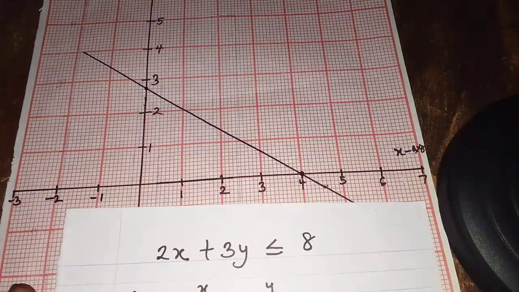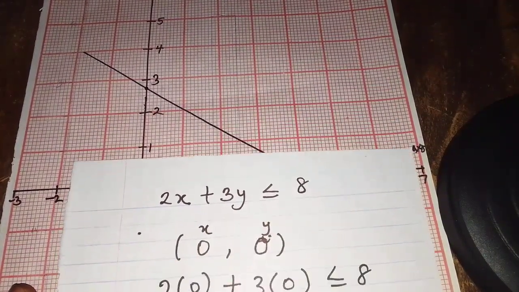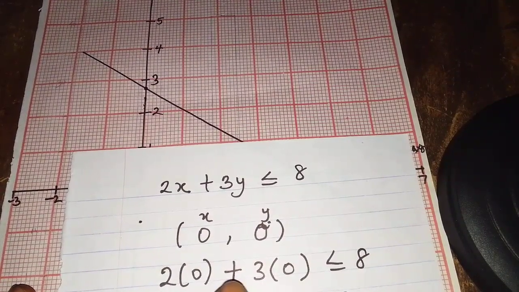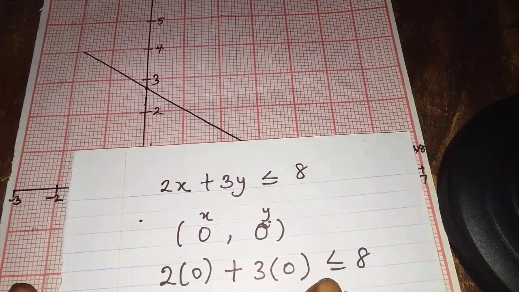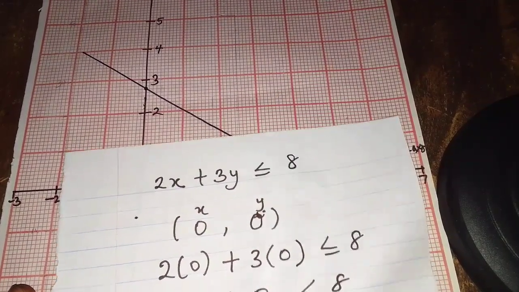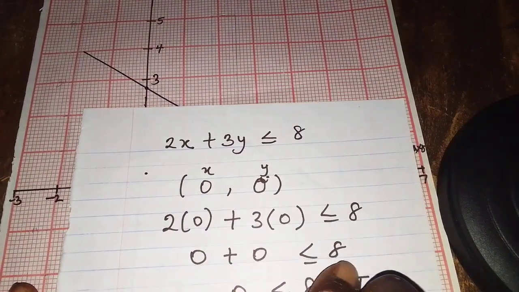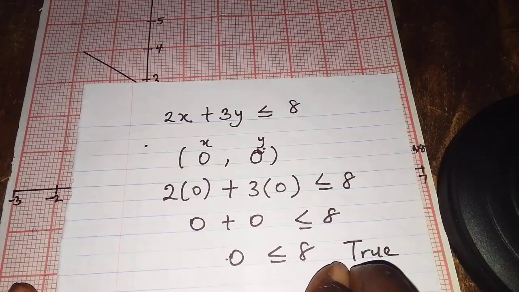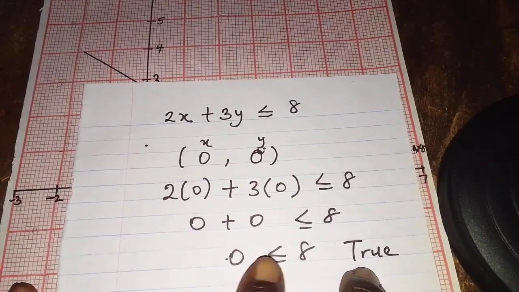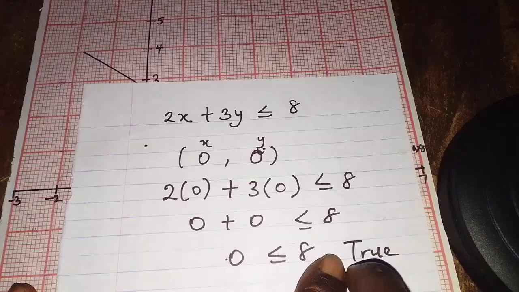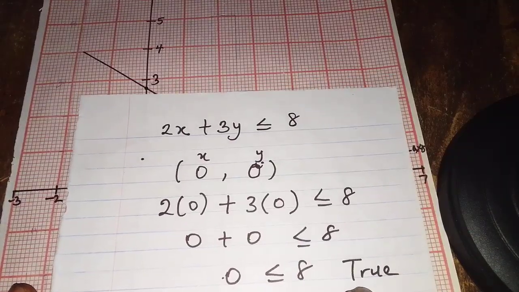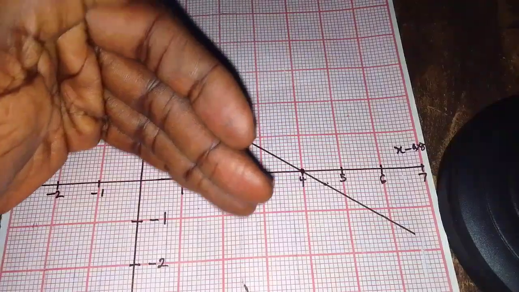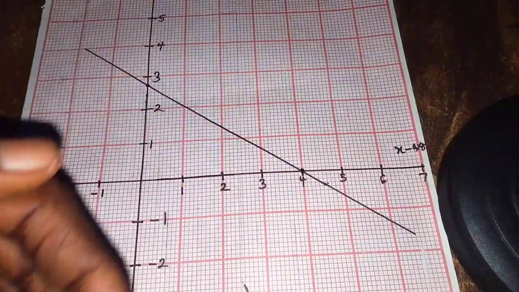If we now substitute x is 0, y is 0 into the inequality, 2 times 0 plus 3 times 0 less than or equal to 8 gives 0 plus 0 less than or equal to 8. Is it true that 0 is less than 8? Yes, it is true. Since it is true, it means we are going to shade this side of the graph.